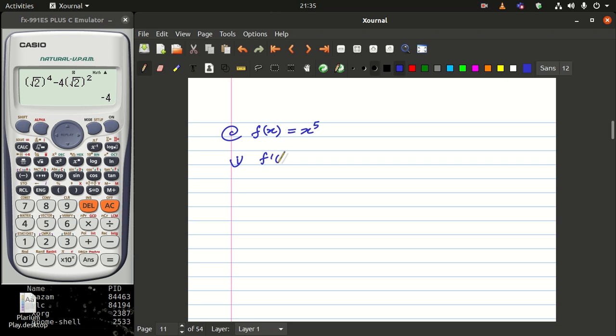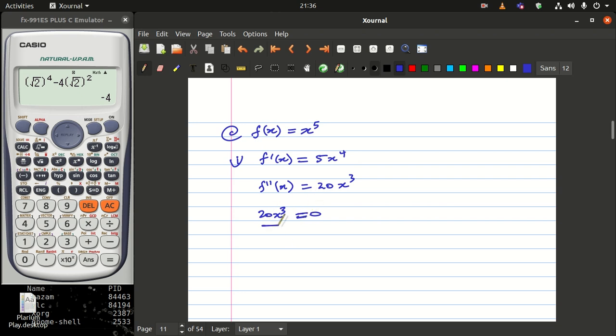So we have f prime of x is equal to 5x to the power 4, and f double prime of x is equal to 20x to the power 3. We want to set it equal to 0 so that we can get the x coordinate of the point of inflection, or the point whereby concavity is changing.